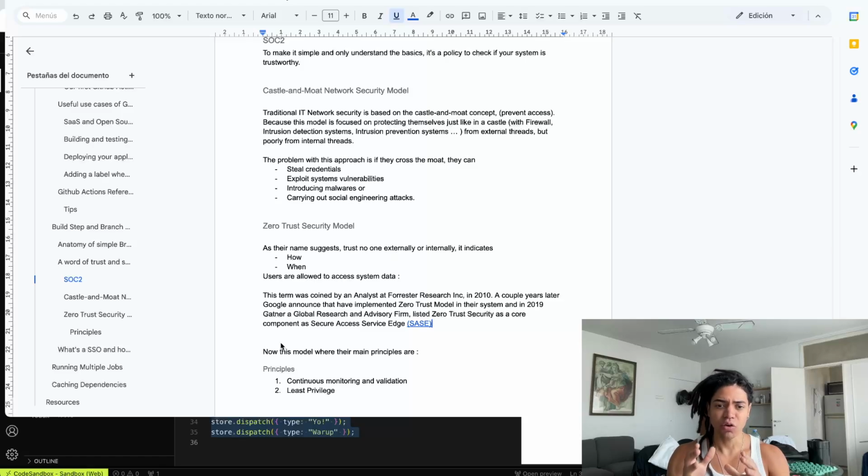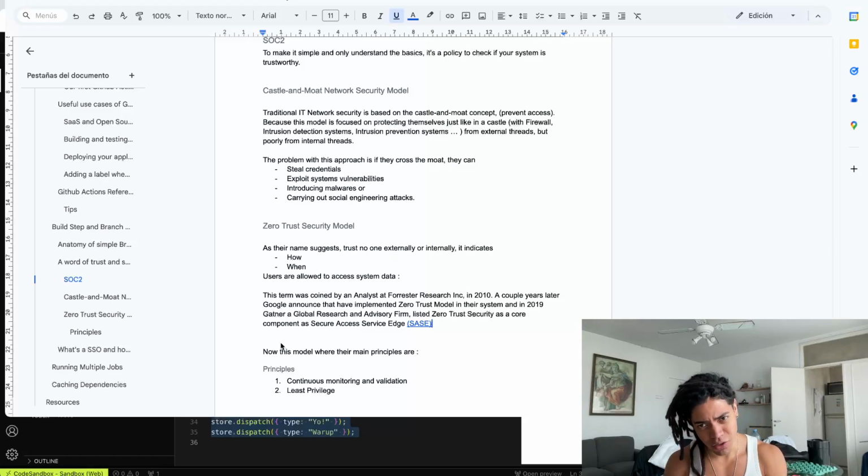Not only do they have to comply with policies and regulations, for example SOC, but they also need to protect their assets. These are two sides of the same coin: compliance and security.